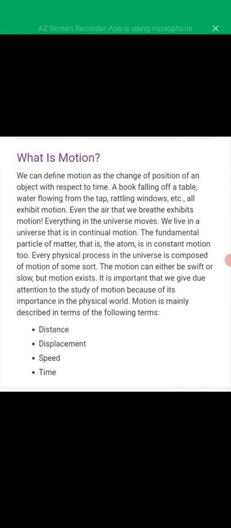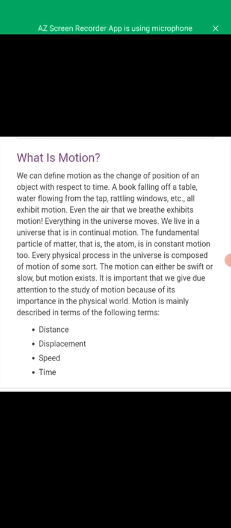All right, now motion is mainly described in the following terms. There are four quantities that describe motion. There are other quantities though, but these four lay the foundation for the description of motion. So we have distance. Now for a body to change from one position to another position, something must move the body.